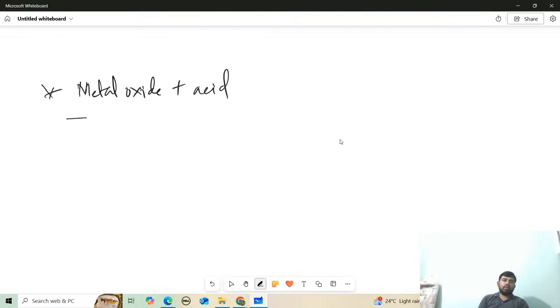Okay, next reaction. Generally, they given here metal oxides with acids. What happens here? Metal oxides give salt and water. Then what is the nature of this metal oxide?